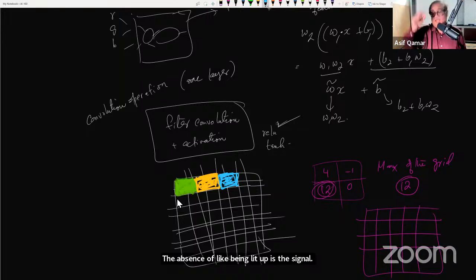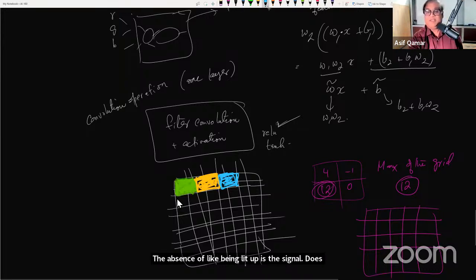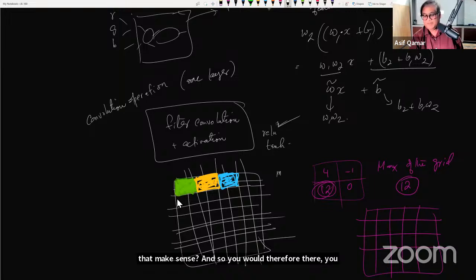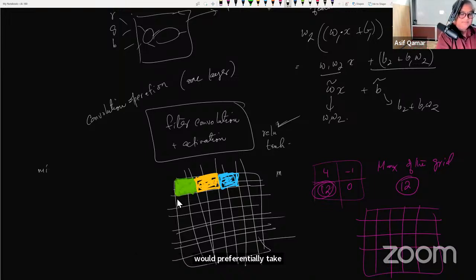Does that make sense? And so you would preferentially take a min pooling, right? So a min pooling for black on white background.